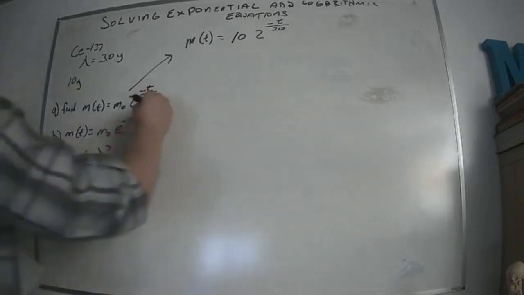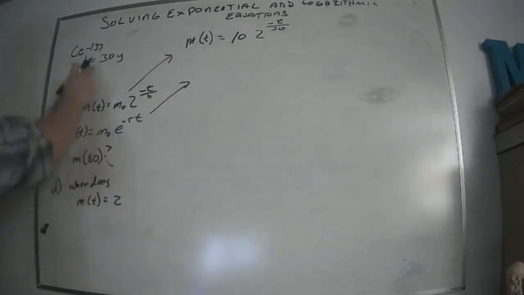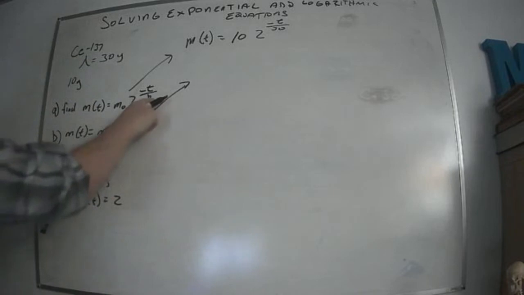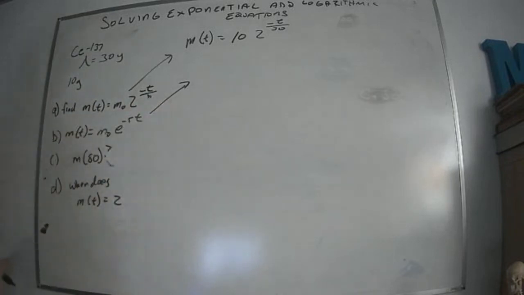And then B is a little bit more complicated. He wants me to take this and find it in terms of this. So what I need to do first is find out how to relate R to H. Now, there's a simple way to do this, and if you look on page 375, you can follow along.